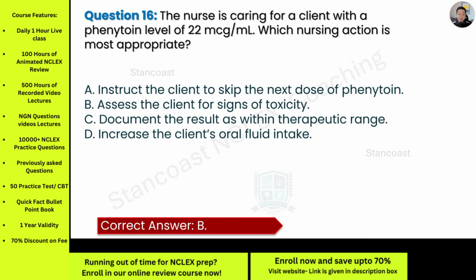We know that hydration is beneficial, but increasing fluid intake is not a priority for this patient who has a supratherapeutic level. You have to know the therapeutic range of this medication in order to target the correct option. Phenytoin has a narrow therapeutic range, so again, 10 to 20 micrograms per ml.